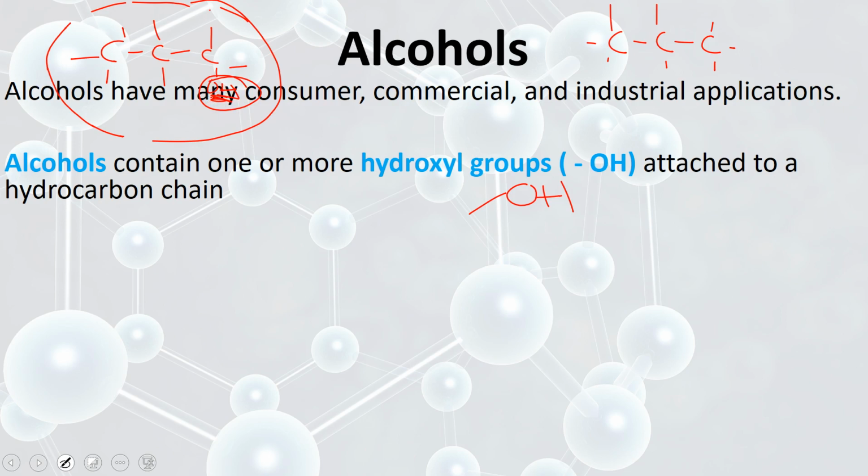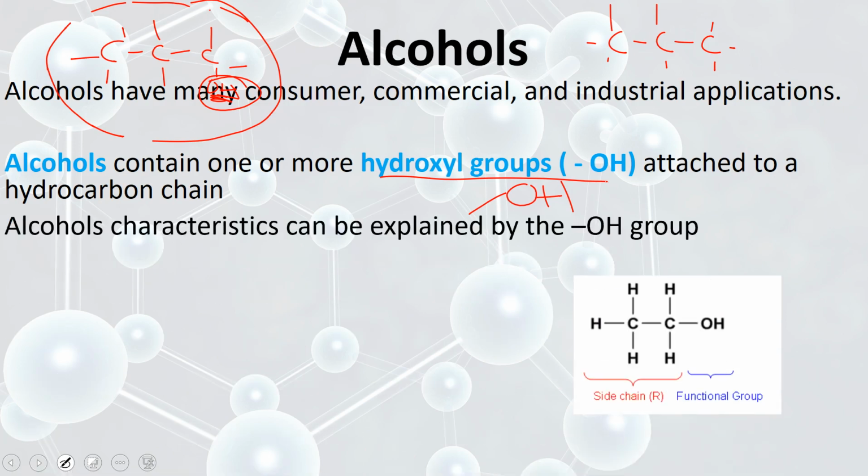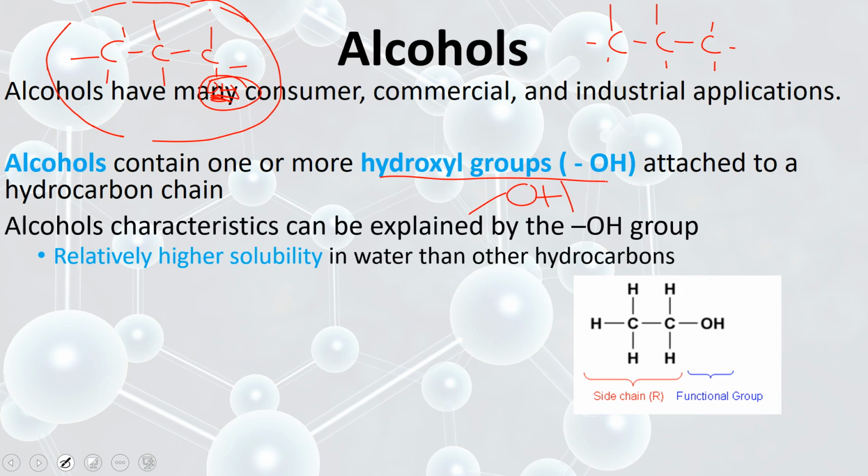And so, in terms of the boiling point, what does adding a hydroxyl group do? It'll increase the boiling point. What about solubility then? It makes it soluble as well. Okay. So here are some characteristics explained by the hydroxyl group. They have a relatively higher solubility in water than other hydrocarbons.